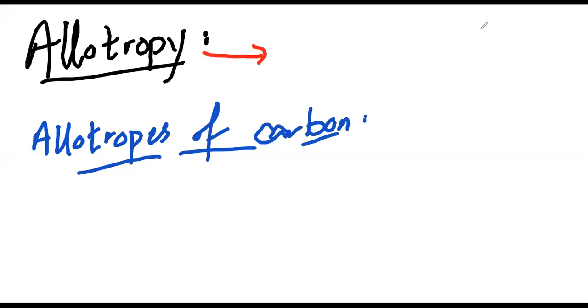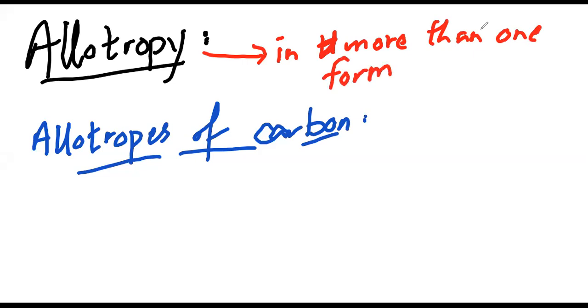The existence of an element in more than one form is known as allotropy. There are different forms, in which the element possesses similar chemical properties but different physical properties. Chemical properties are similar but physical properties are not.